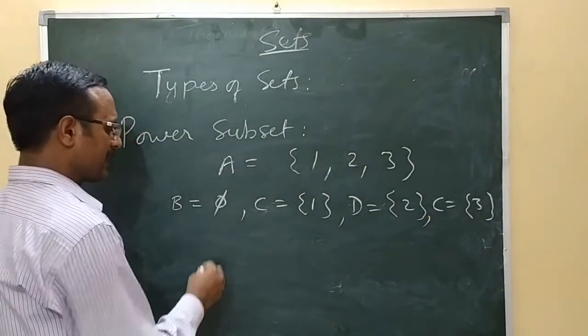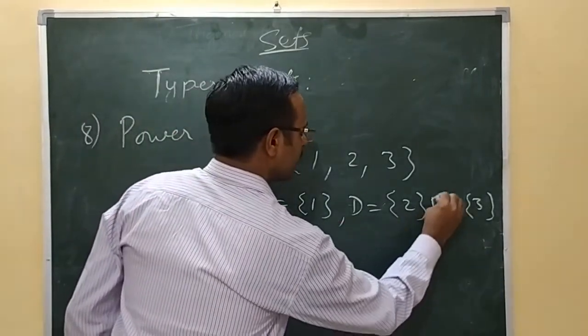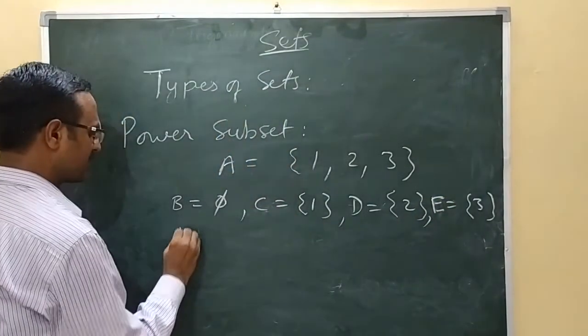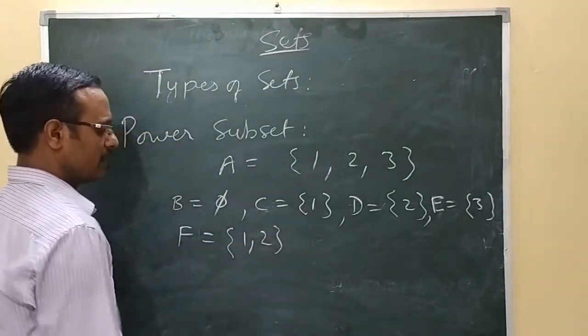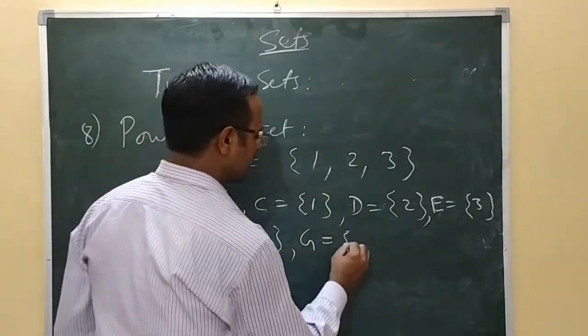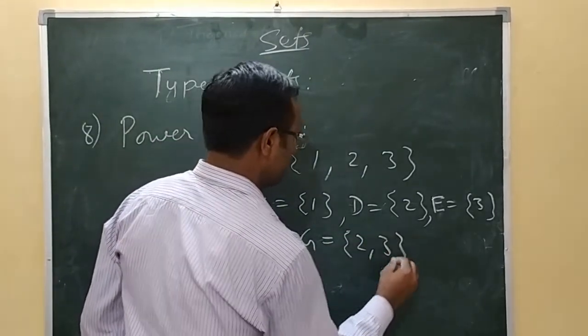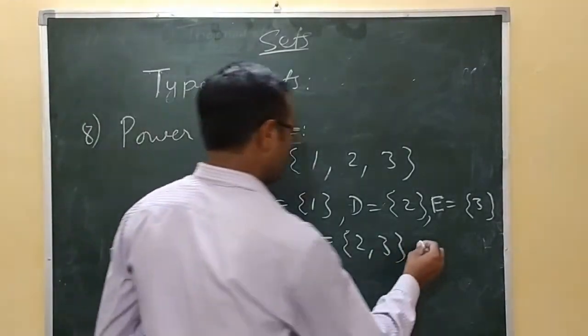Now I start taking two elements. Now the next set F can be formed like this: 1, 2. G can be formed like this: 2, 3. Now I have taken two elements, and 1, 3 I can take.